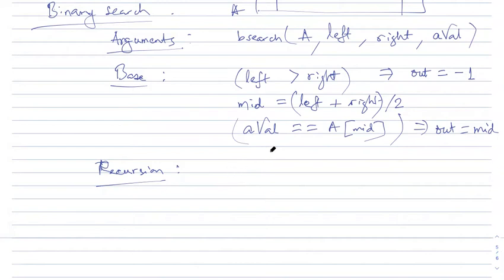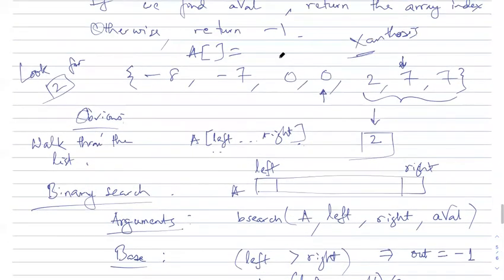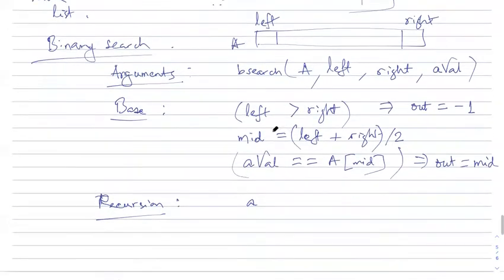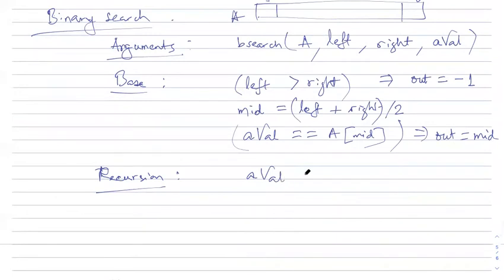So when are we actually recursing? When we find, like you saw, there are two places when we are just moving around. One was the case when the a val was less than the midpoint value. So a val was less than a mid, right?